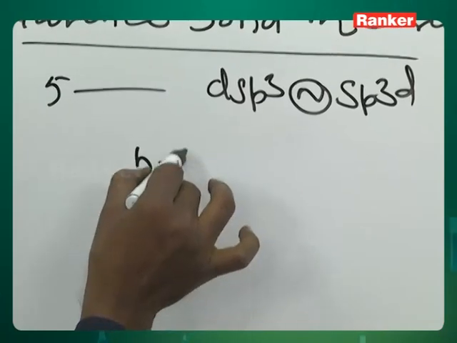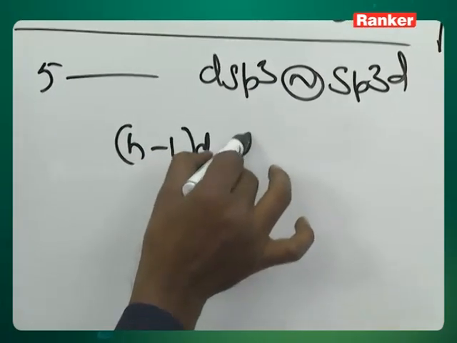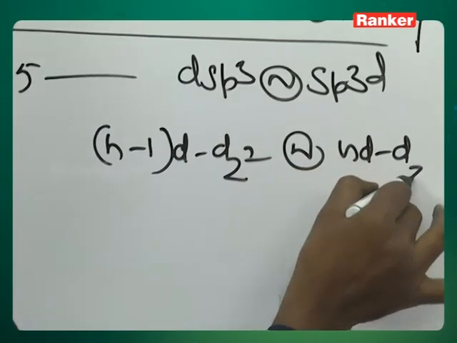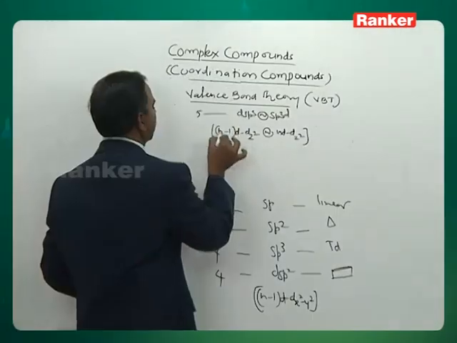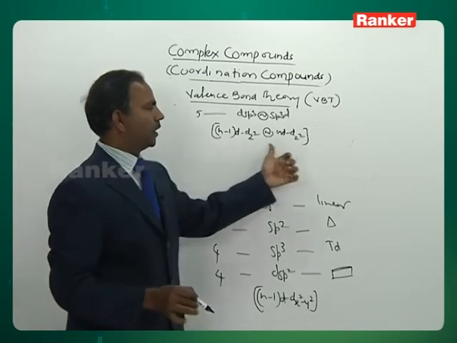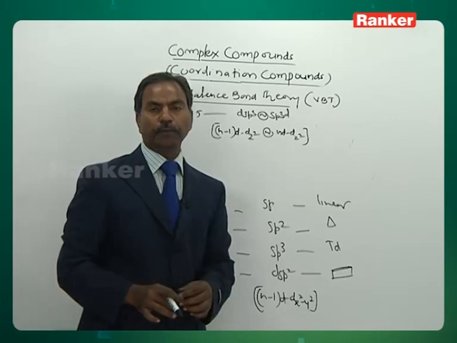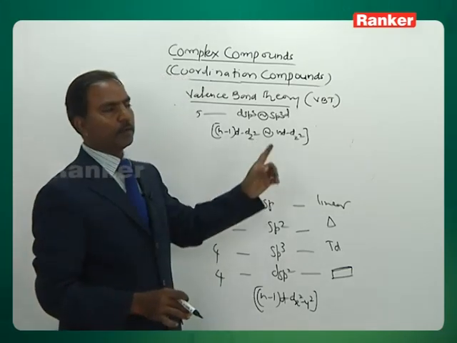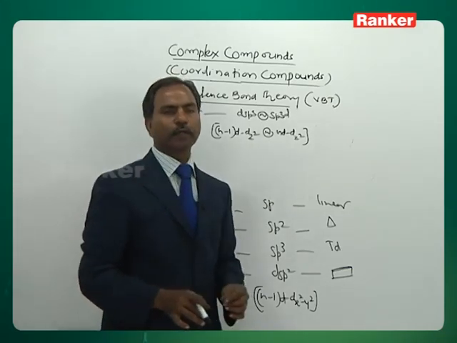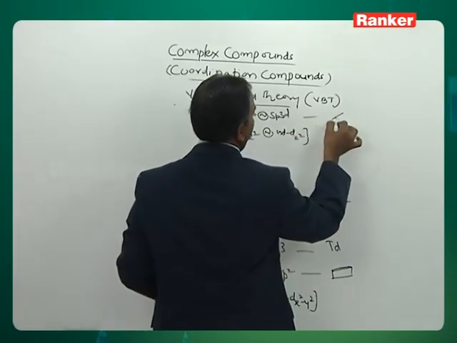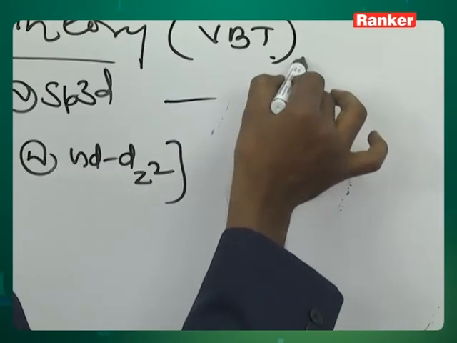Either it may be inner (n minus 1)d, this will be dz square, or outer nd, this will be dz square. Either you take dsp3 or sp3d, the d orbital participating in hybridization is dz square. Now say the possible geometry: it is trigonal bipyramid.